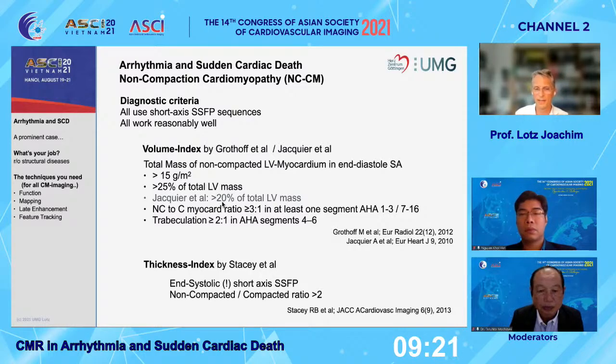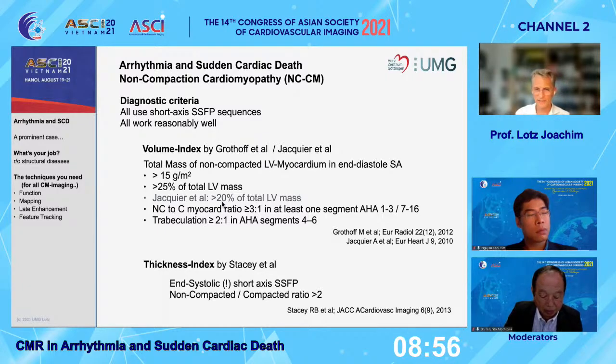So within that area, it looks like a non-compaction cardiomyopathy. And the thickness index by Stacey is remarkable because they do not use diastolic short axis views, but systolic short axis views to measure the non-compacted to compacted myocardium ratio.